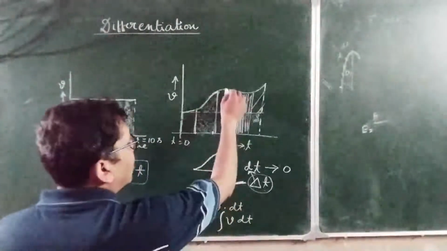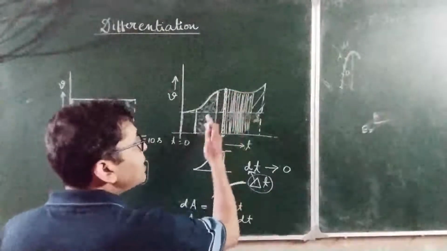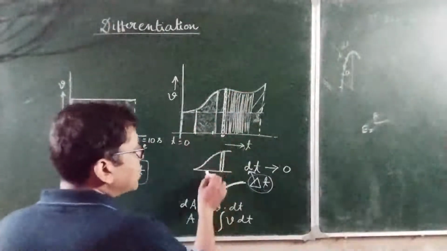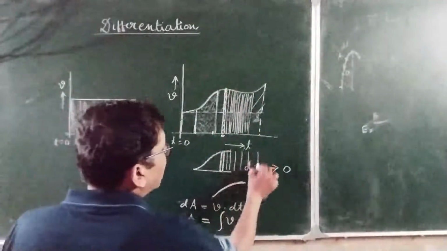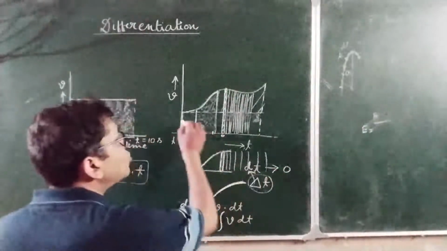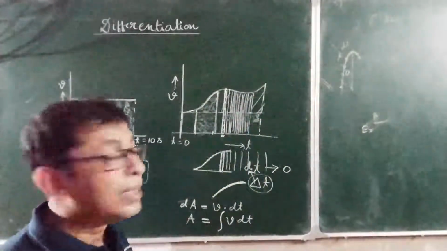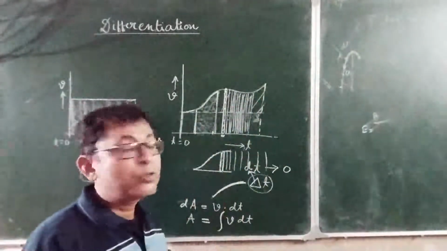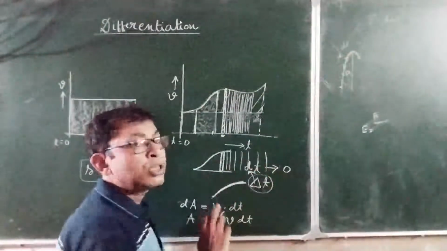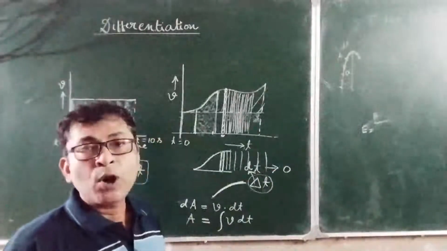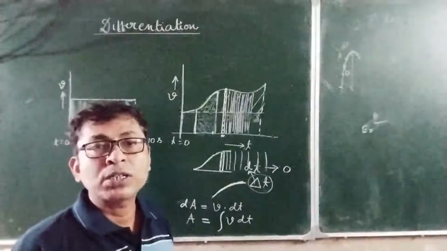We can break the variable factor, and then we can sum such parts up to a certain range to make the total sum. But how can we break that kind of quantity into such small parts which almost tend to zero? That depends on the type of function.